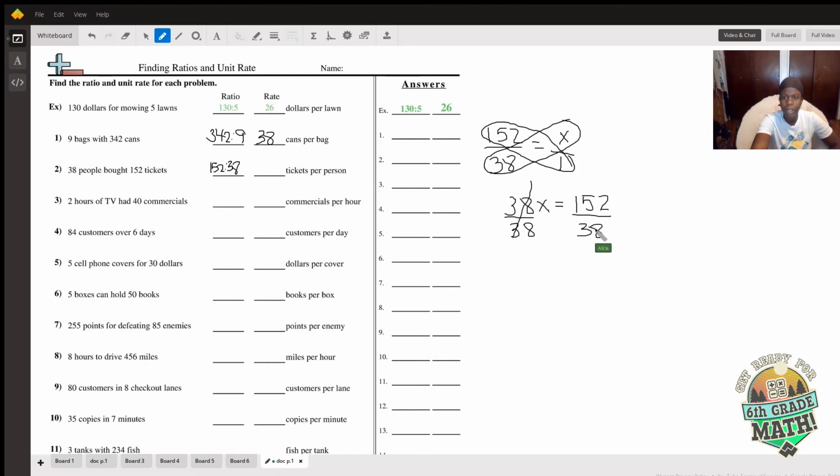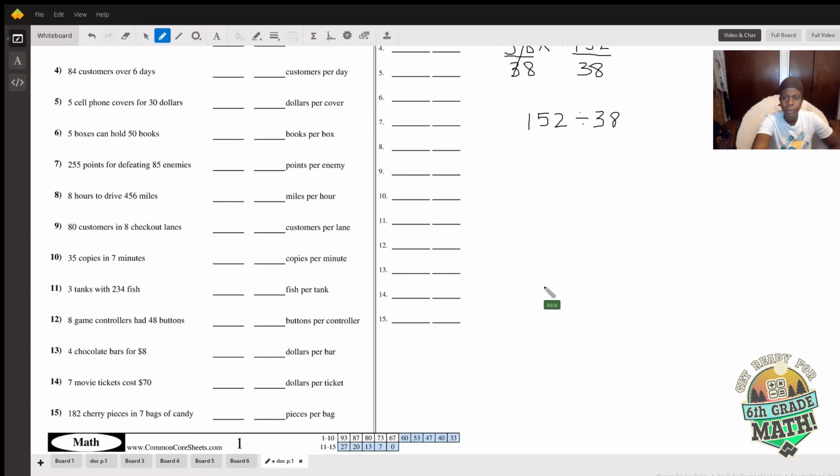So we're going to ask ourselves the question, how many groups of 38 can we get from 152? Okay, so let's figure that out. Let's use long division.